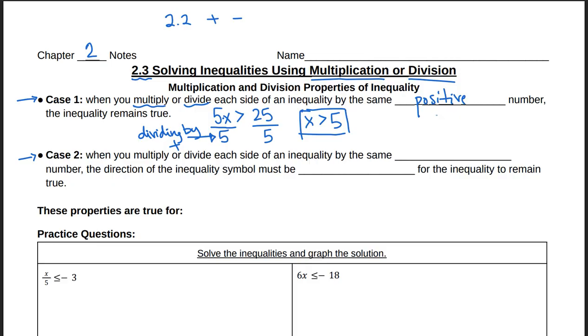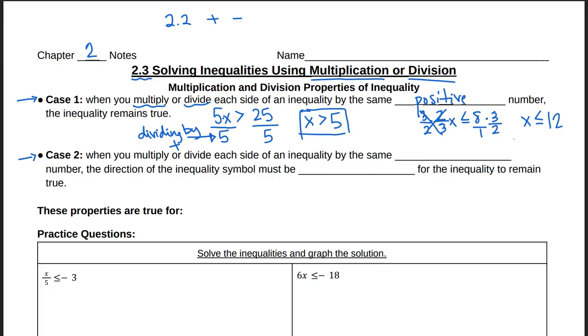So let's say we had 2/3 x is less than or equal to 8. To solve this, we would multiply by the reciprocal because we have a fractional coefficient. So we would multiply by 3/2, and multiply the other side by 3/2. That gives us x is less than or equal to, these 3's cancel, these 2's cancel, and we're left with x less than or equal to 8 times 3 is 24, 2 times 1 is 2, so 24 divided by 2 gives me 12.